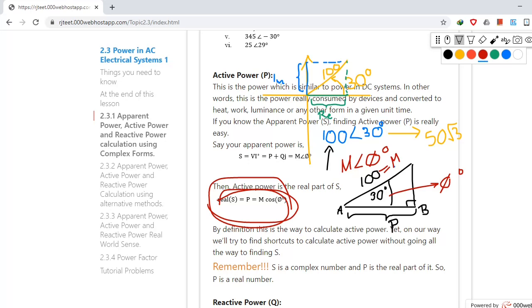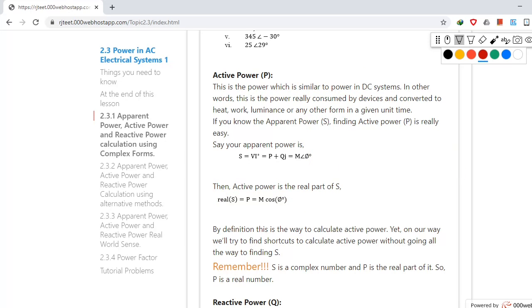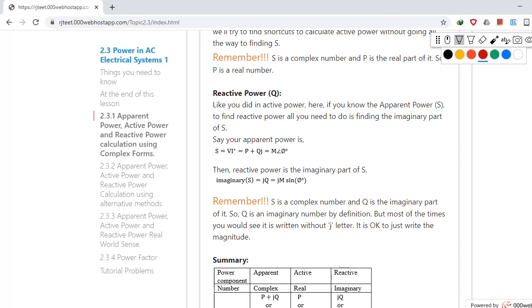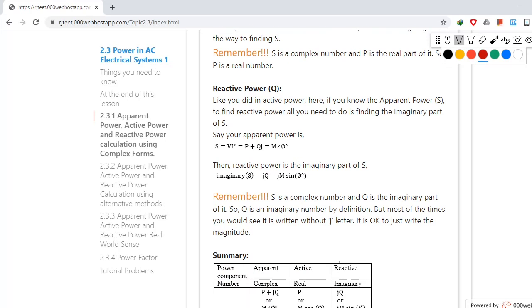Simply, what you are doing here is taking out the real part. You are looking for the real part of this complex number. It would be much easier if you get the apparent power in Cartesian form, because you can see the real part directly, right? In the same way, if you go for the reactive power, you have to take out the imaginary part.